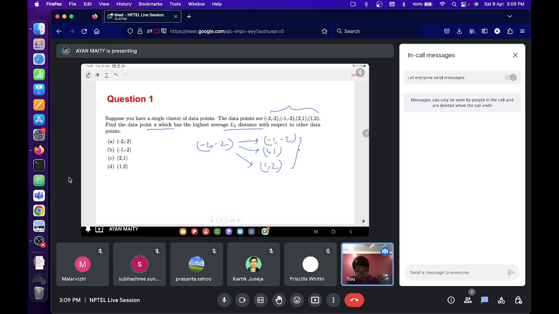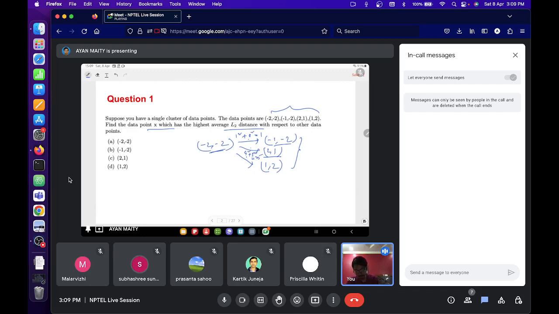So minus 2, minus 2 and minus 1, minus 2. So this distance would be 1 square plus 0 square, so it would be 1. Similarly, the distance between minus 2, minus 2 and 2, 1 would be 4 square plus 3 square, so that would be 25.